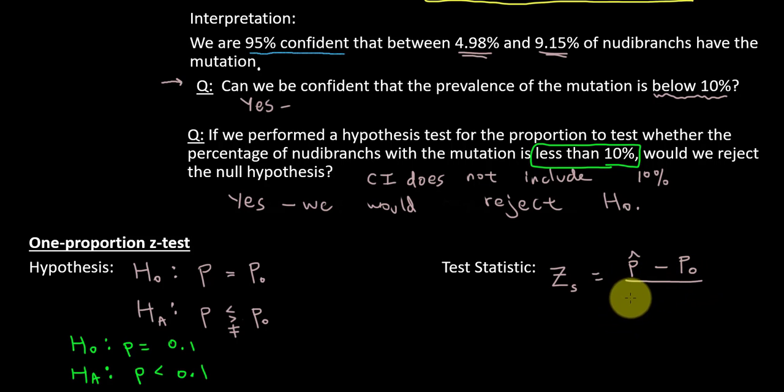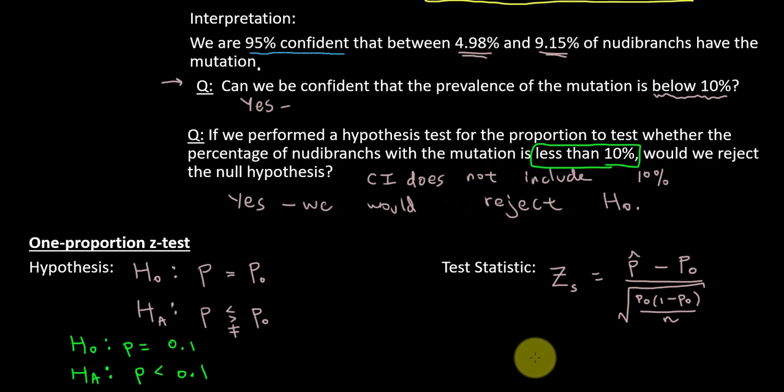In the denominator, we always have the standard error. This is the standard error that is presuming that the value in the null hypothesis is true. So this is p naught from the null hypothesis, times 1 minus p naught, over n, and that is all inside the square root.